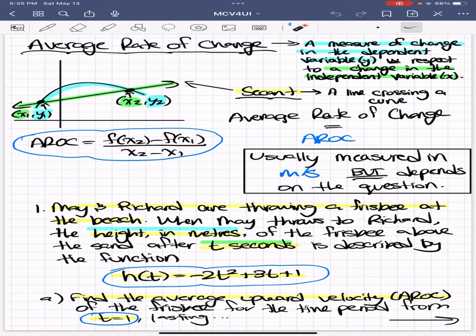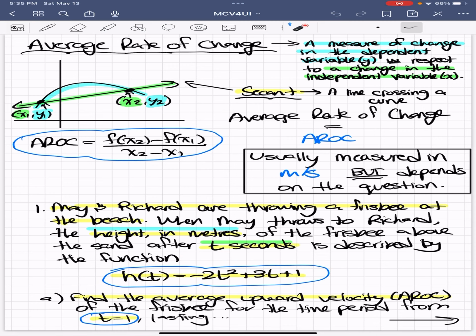May and Richard are throwing a frisbee at the beach. When May throws to Richard, the height in meters of the frisbee above the sand after t seconds is described by the function h of t equals negative 2t squared plus 3t plus 1.